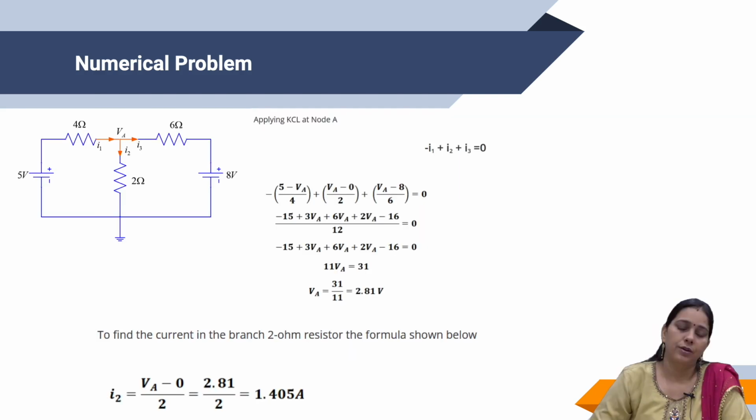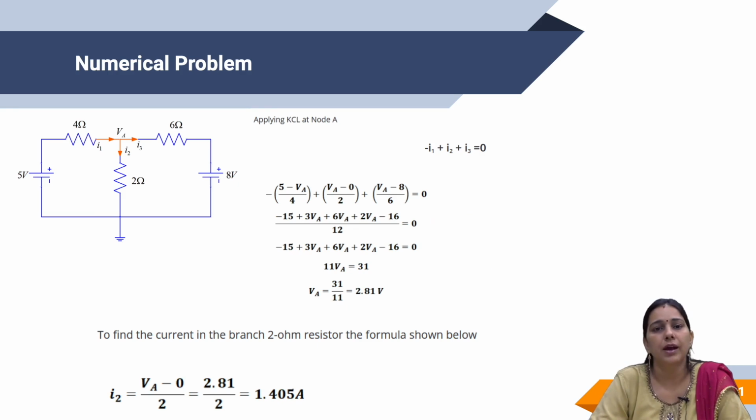Let's start. First of all, apply KCL at node A. Then the current entering is denoted by I1. The currents leaving the node are denoted by I2 and I3. According to KCL, I1 would be equal to I2 plus I3.